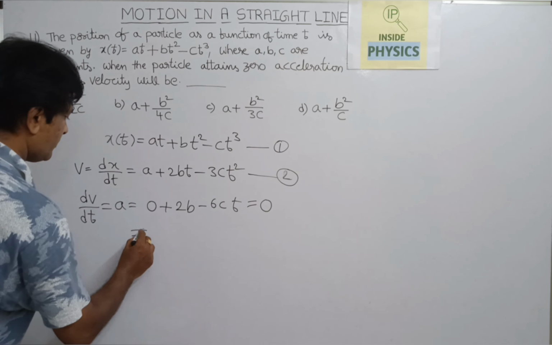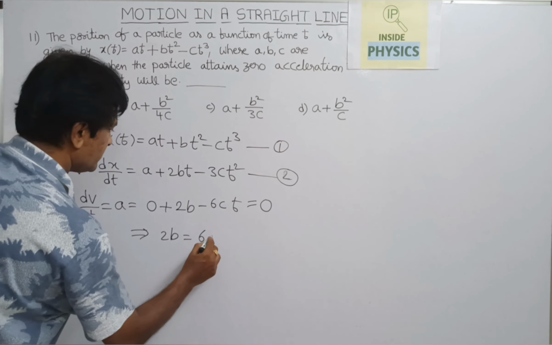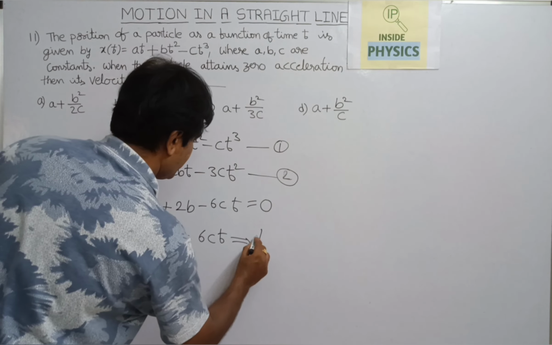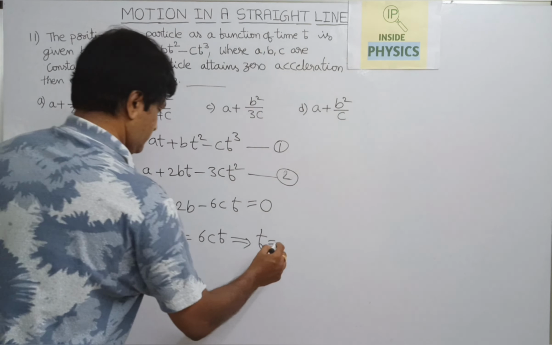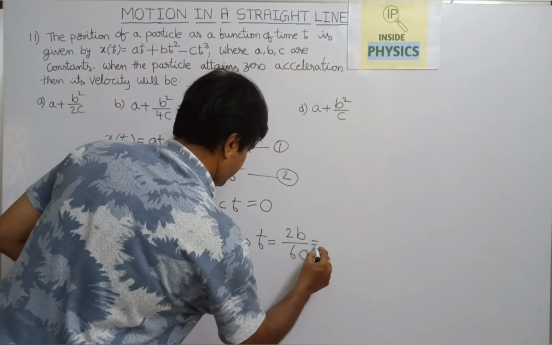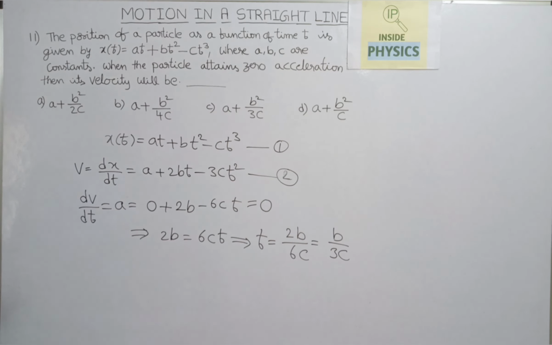Now from this, 2b is equal to 6ct, and this implies t is equal to 2b by 6c, that is equal to b by 3c. So at the time b by 3c, the acceleration is 0.